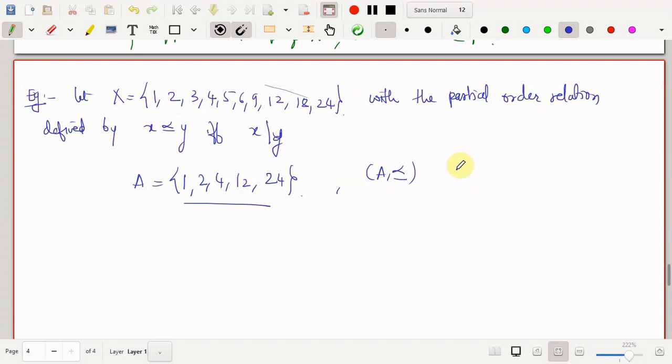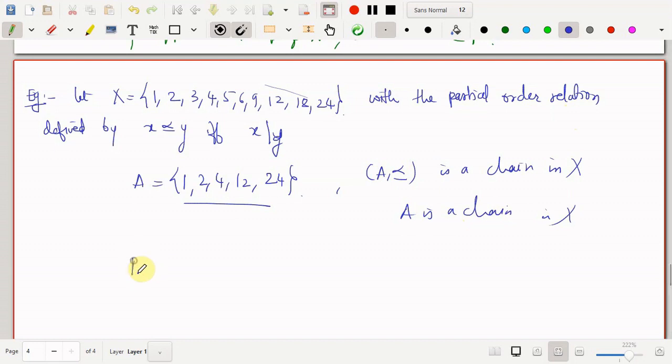So in this case A is a chain in X, as A with this relation is totally ordered. In fact, I can simply say that A is a chain in X.